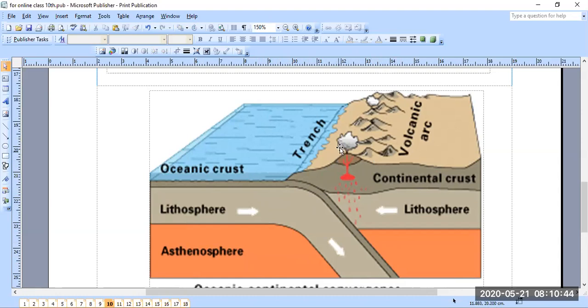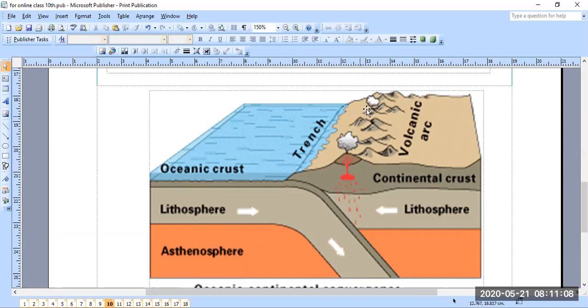On the other hand, the landmass, the continental crust, slides over, and the sediment along the ocean or beach, in simple words, rises to form the mountains because it happens at an interval of time with each push.